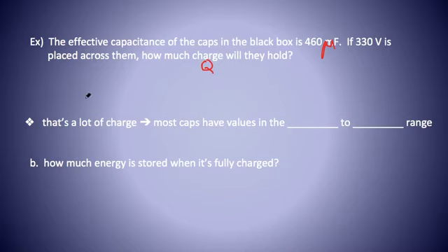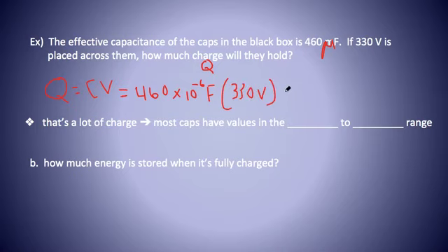So if we go back to our first equation that relates capacitance, voltage, and charge, we have Q equals CV, which will be 460, make sure we take care of the micro, times 10 to the negative 6 farads, times 330 volts, and we get a surprisingly large value for the charge, 0.15 coulombs.